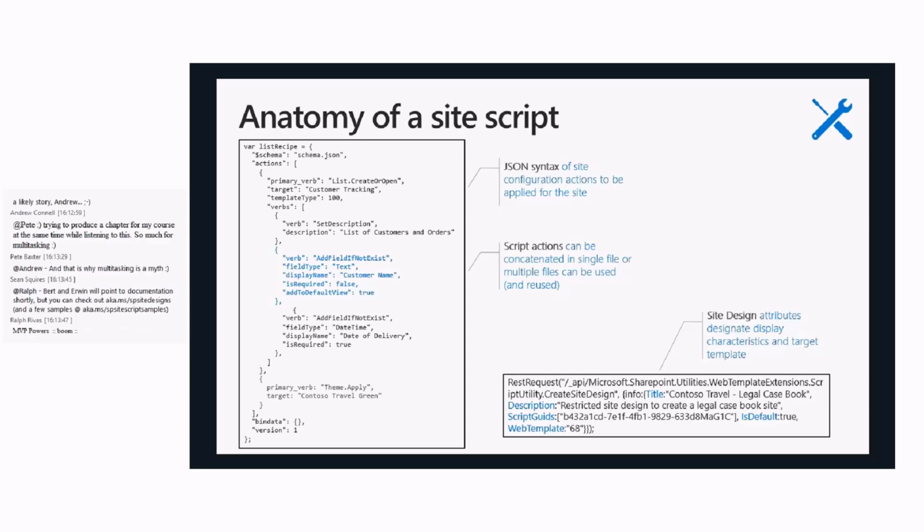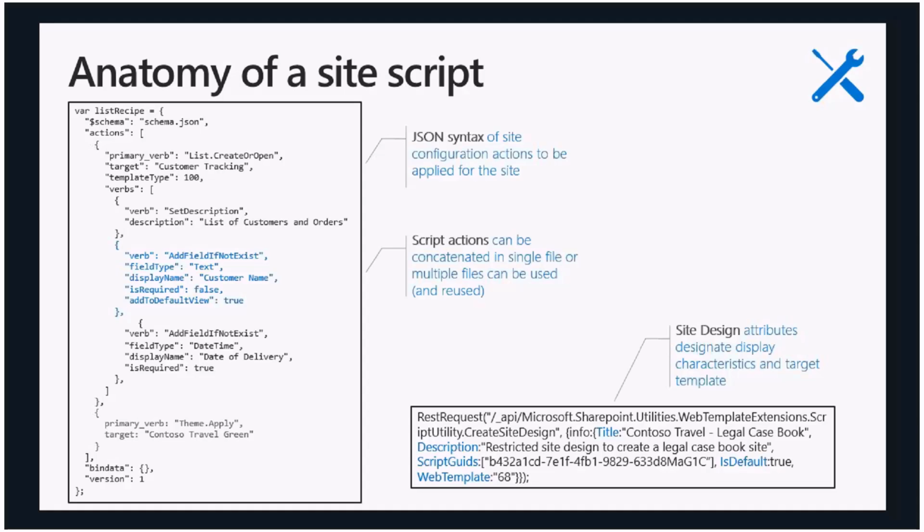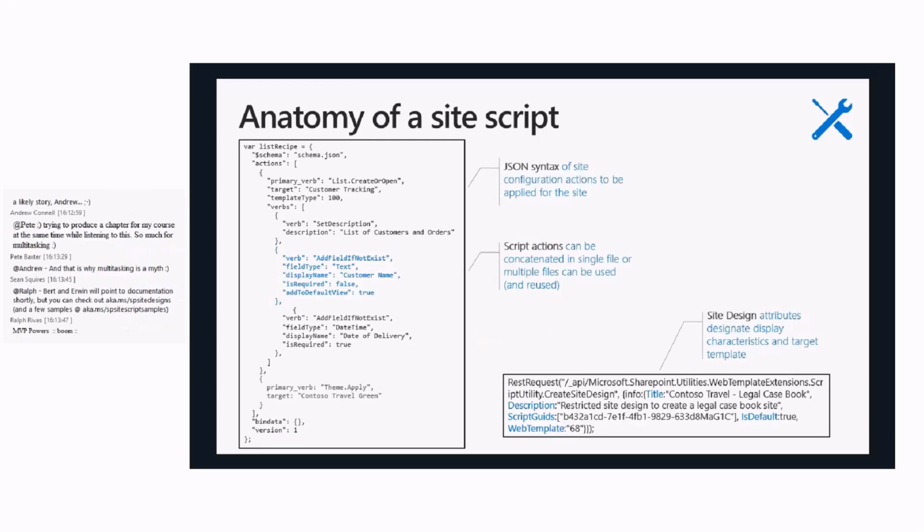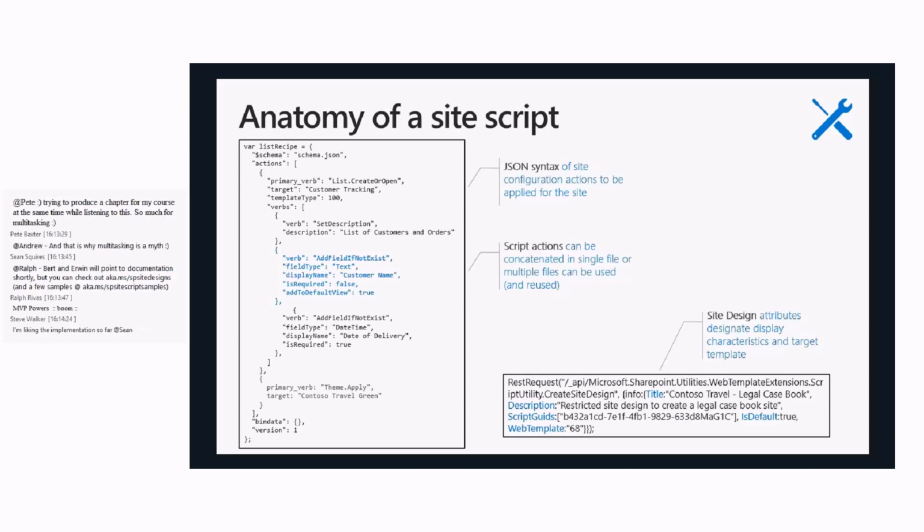And then each action, depending on the type of action, has additional options. So in this case, we're going to create a customer tracking list, which is just a plain SharePoint list, type 100. So we are reusing the SharePoint list types like they've been there for ages, I would say.